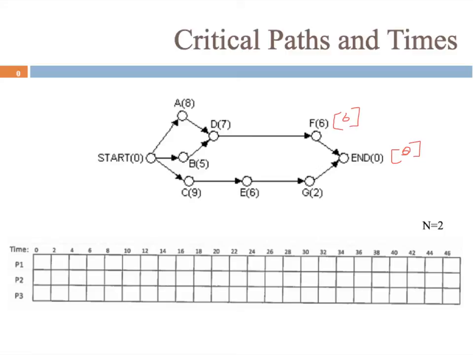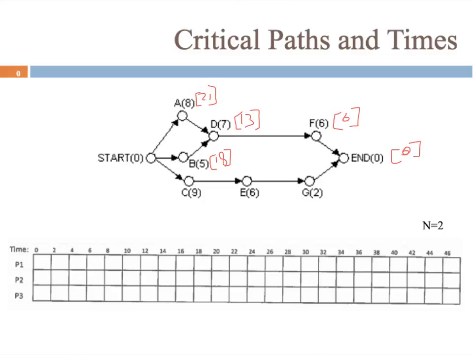Going forward on that part of the graph, I'm going to take task D, add the critical time of 6, and processing time of 7, so D's critical time is 13. Task A is incident to task D. We're going to take 13 plus 8, so critical time of 21. Task B is also incident to task D, and so we'd take 13 plus 5, so 18.